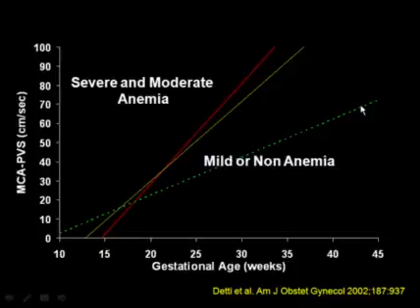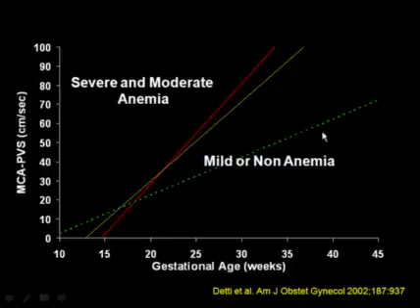Based on this graph, we repeat the scan between 1 and 4 weeks. And what we do today is this. If the values we obtain, the middle cerebral artery peak systolic velocity in fetuses who are at risk for anemia, a week apart, we obtain 3 values, and after that we look at the regression line.